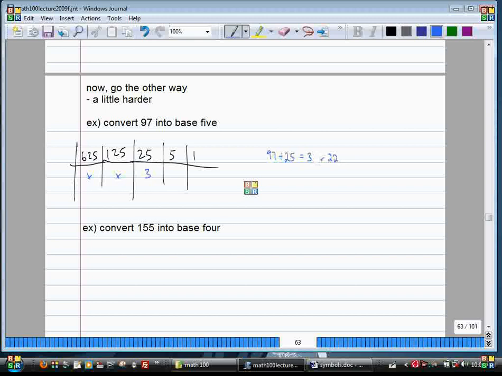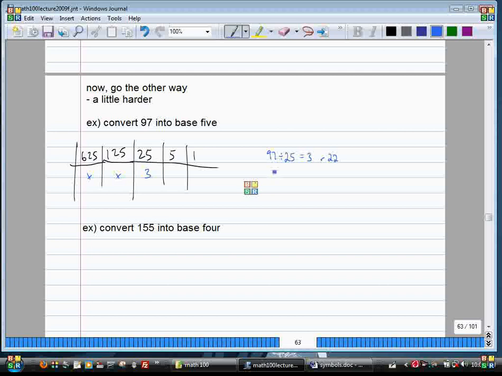So we know it's got 3 25s. Now, how do we go about figuring out how many 5s are in there? Yeah. What we've got left over is 22. So that's the part that hasn't been put into groups yet, if you like. So that's the part we need to continue grouping off.